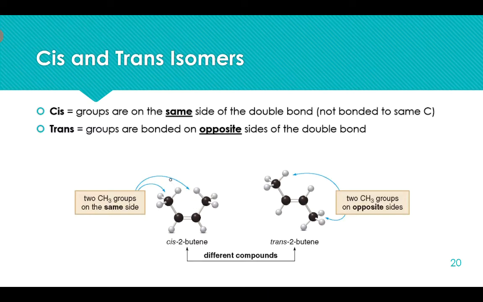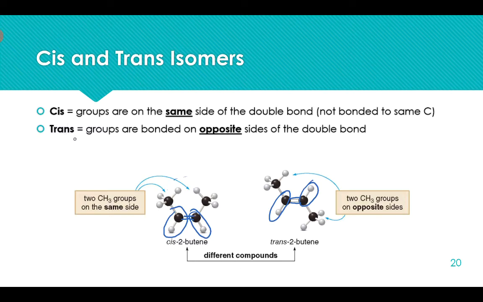So we said same side. This is the same side of a double bond, not the same end. It has to be on each carbon. These are across from the double bond. If you're ever in doubt of what to look for, you can always focus on the location of the hydrogens. You see those are on the same side, and now these are on opposite sides of the double bond.